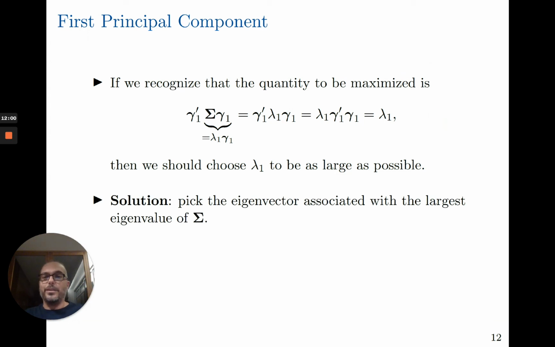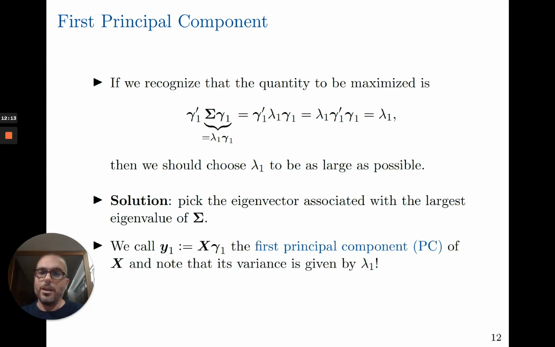The solution picks the eigenvector associated with the largest eigenvalue of sigma, and then we have the first principal component. As easy as that. Let's call y1, which is x gamma 1, the first principal component of x, and its variance is given by lambda 1. That's the first rotation of the data.